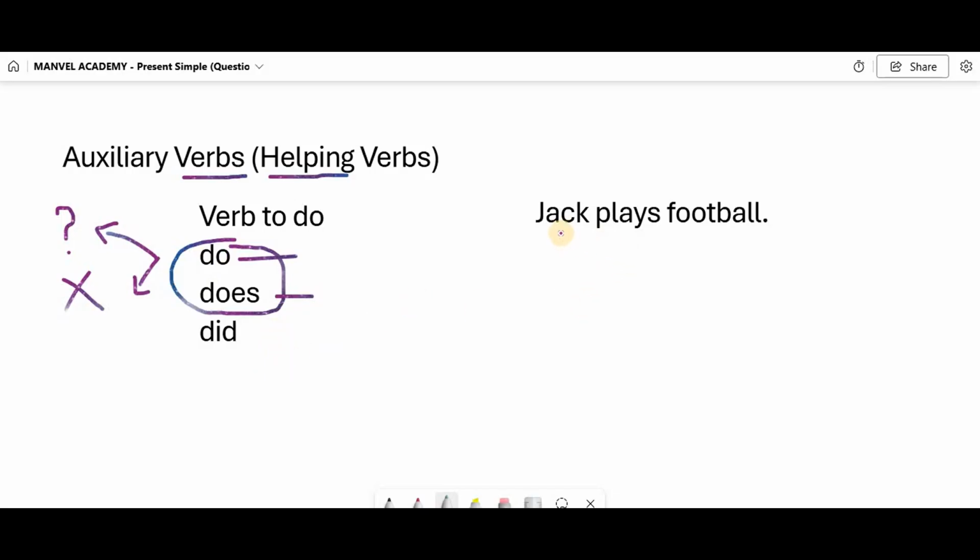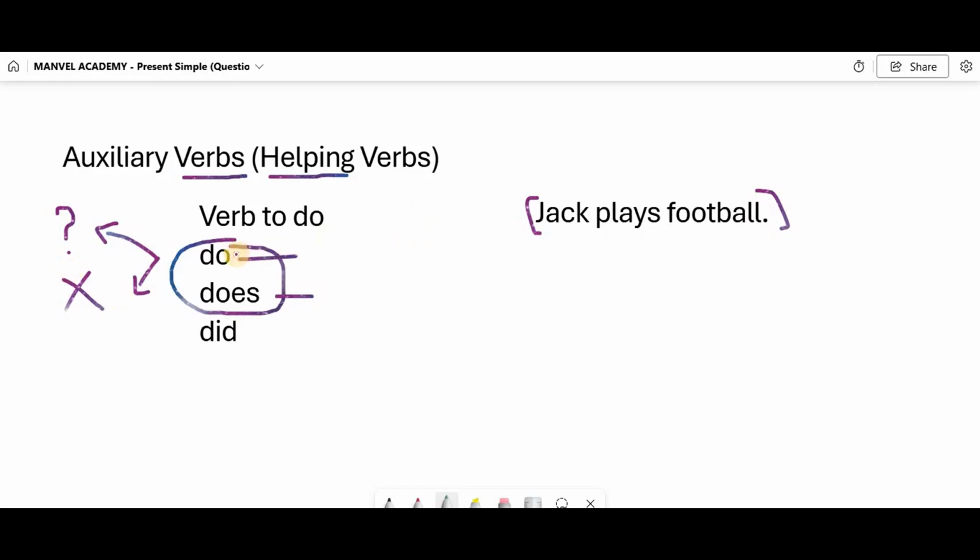Okay, again, let's go back to the sentence. I have Jack plays football. Like I said before, in order to form a negative or a question, I need to see the auxiliary verb with my own eyes in the sentence, something I can see to use, so I can make a negative and a question.